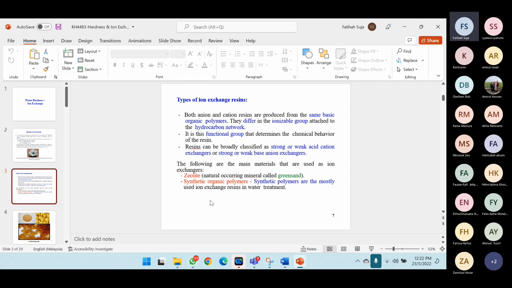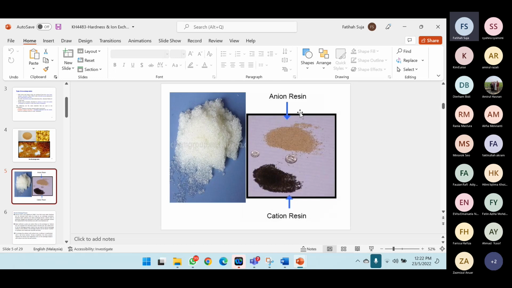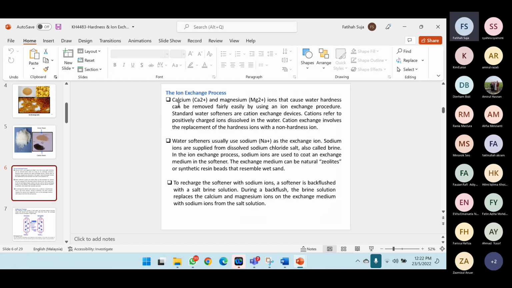Okay, these are photos of ion exchange resin. Resin is very small actually. The largest is 1 millimeter in diameter. And this is an anion resin, and this one is cation resin. So for the ion exchange process, we want to know how this ion exchange process is happening.